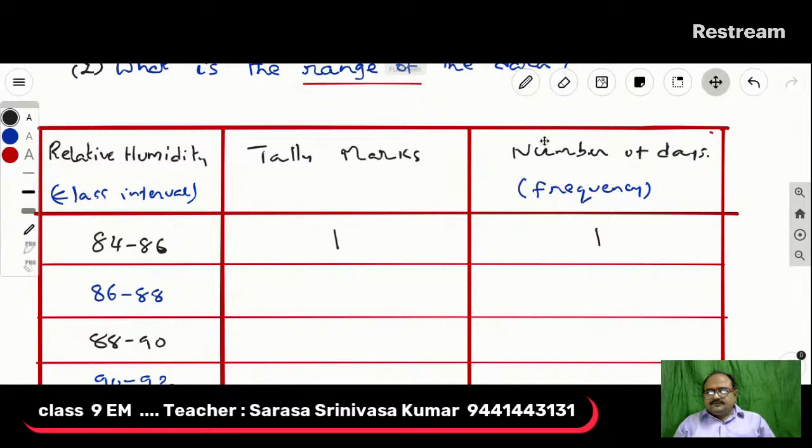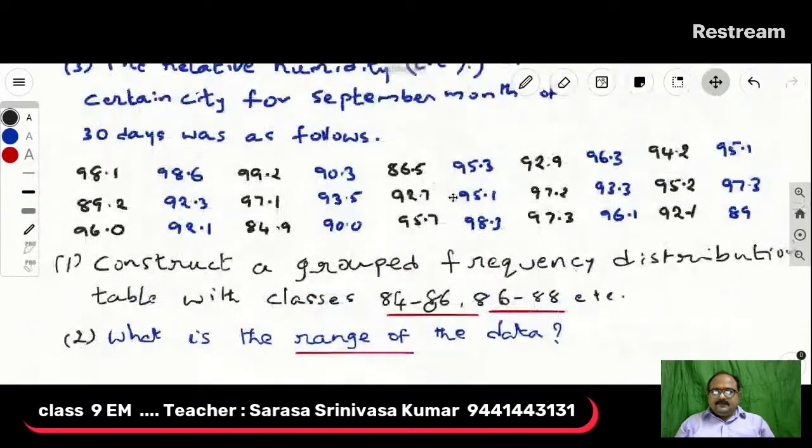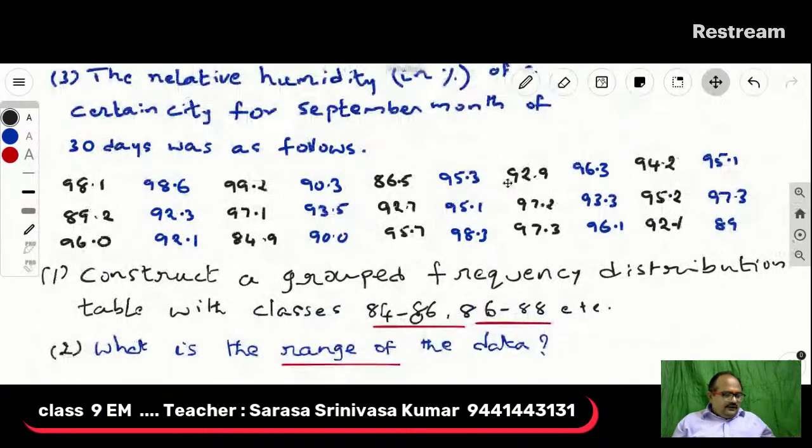Now we consider the next class interval, 86 to 88.